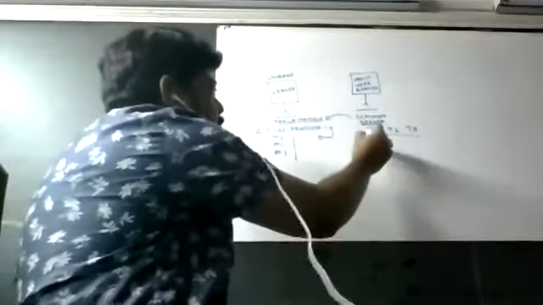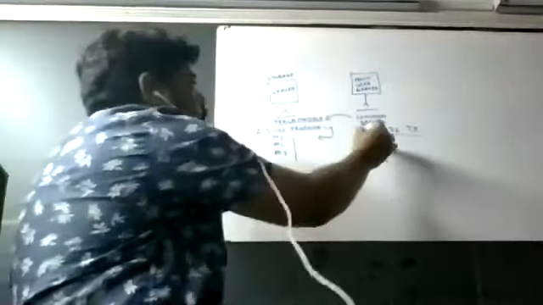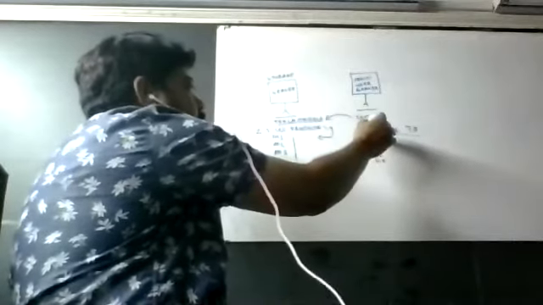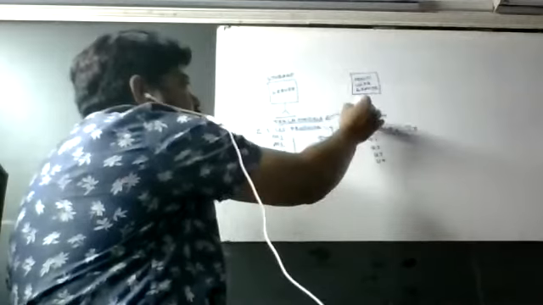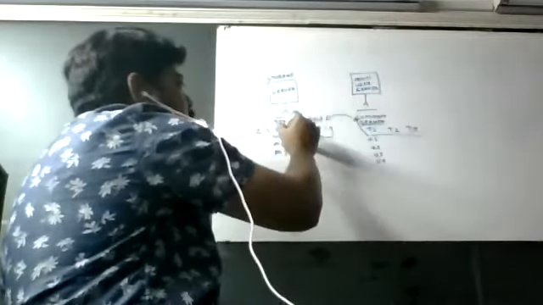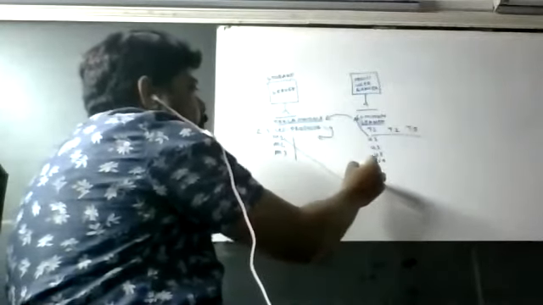So when these users are opening any model, what will be done in the background? Your system will be asking a permission to this server. Then this server will give access to these models.